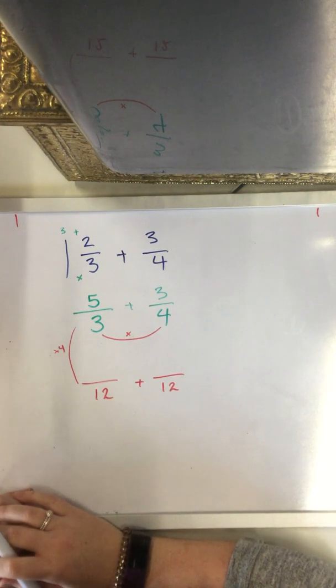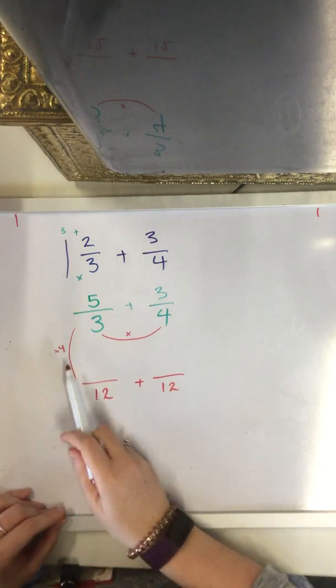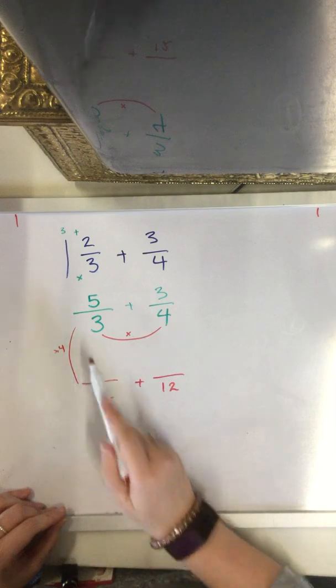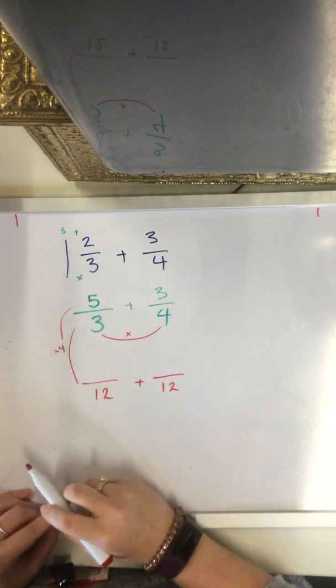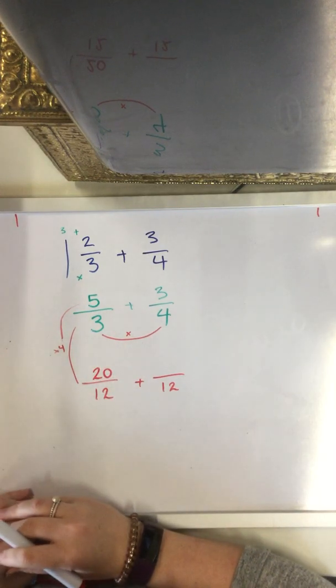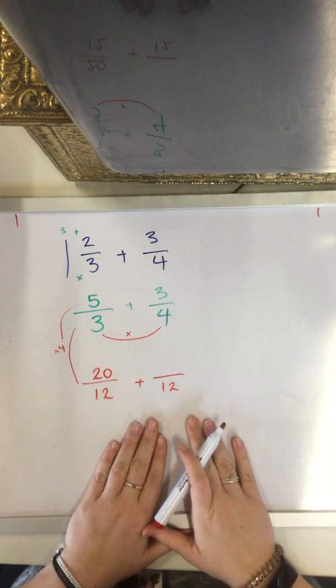And the rule is, whatever you do to the bottom, you do to the top, and vice versa. Whatever you do to the top, you would do to the bottom. So therefore, if 3 times 4 is 12, 5 times 4 is going to be 20. Bingo.